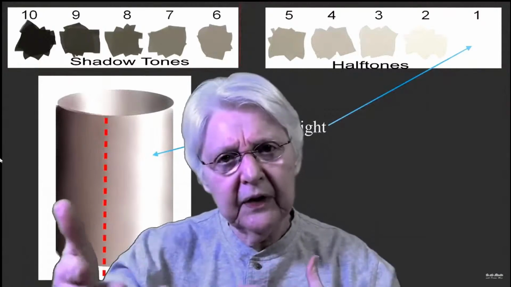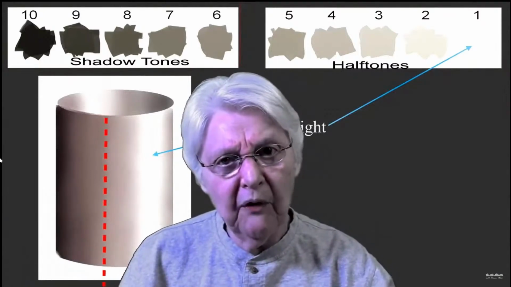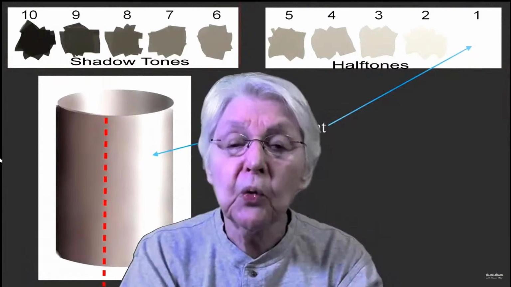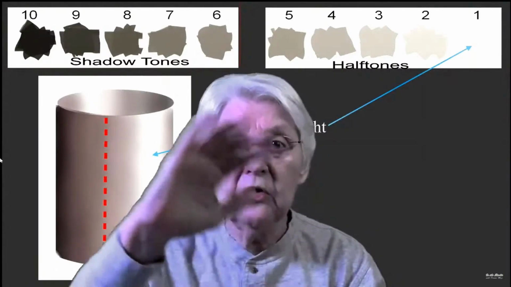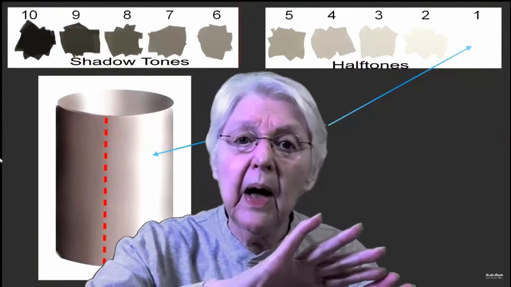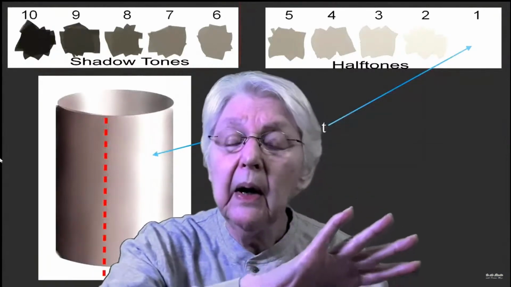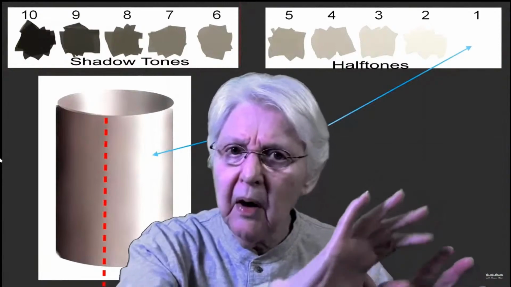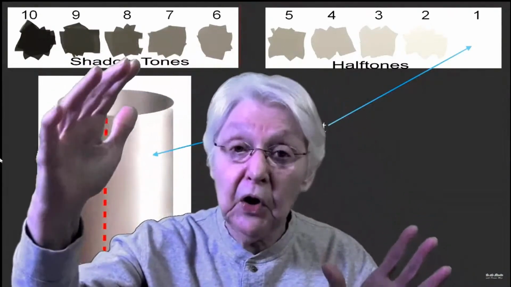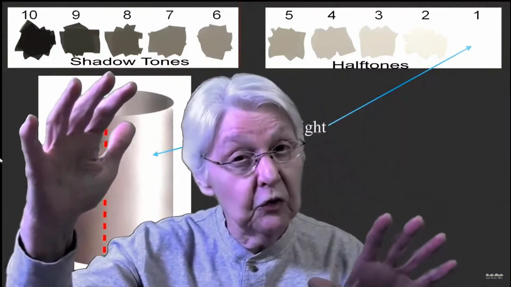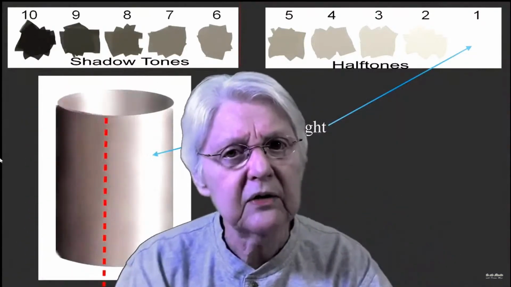And so what this study is for, more than anything else, is to help you to learn to read that change. And remember I said, expect it to change. Expect as a halftone is moving from the terminator, from the transition towards light, you can expect the hue to change. Maybe the change won't be very much, but it will change somewhat.